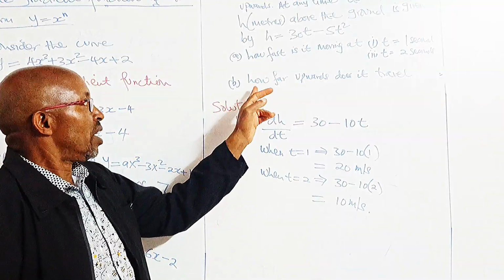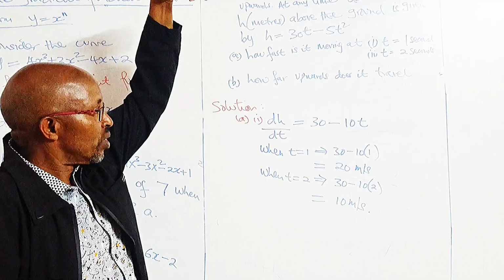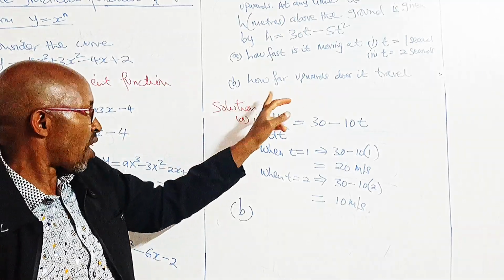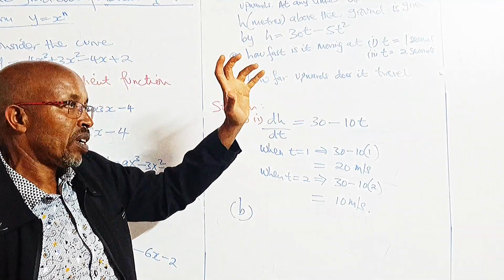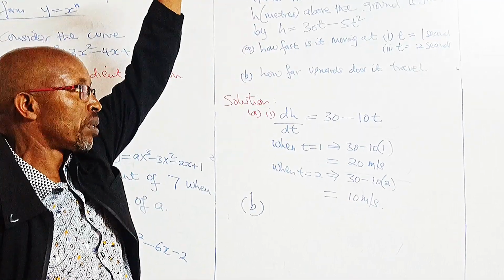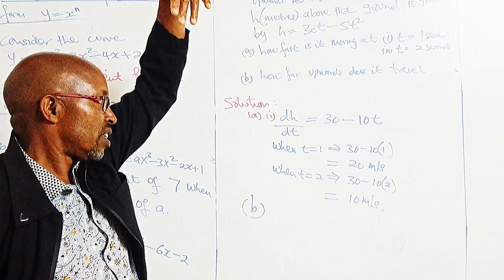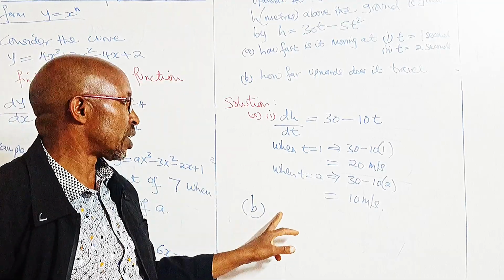We know that when we want to get how far an object travels, but being asked how far upwards does it travel, in other words, we are being asked to get the maximum distance covered by this particle.